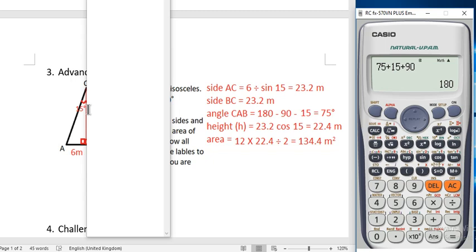So earlier on we used sine. Let's have a look at what we used. We used sine over here because the 6 meters was opposite. Now we're going to ignore that 6 meters. We're not going to deal with it anymore, not even going to use it in our calculation. There won't be any 6 in our calculation, so that's not relevant.